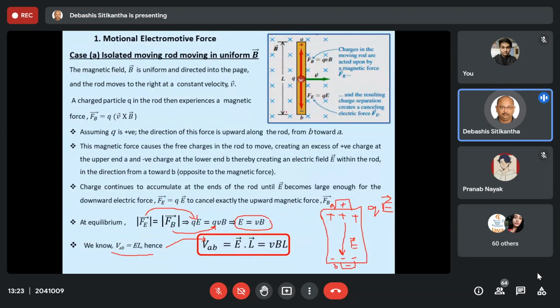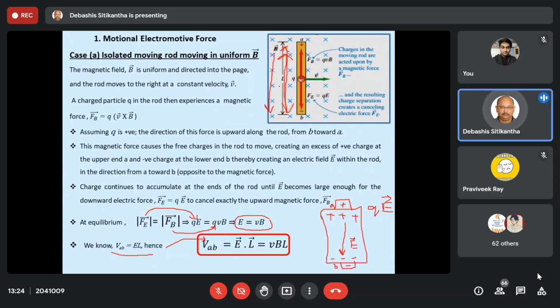For example, suppose I take the L vector in this direction, and the E vector is in the same direction. In both cases you can see that E vector dot L vector, with cos 0 degree, is equal to EL. Similarly, if I take L in this direction, then also there is no problem, because it is EL cos 180 degree, and under this condition you are going to get it as minus.